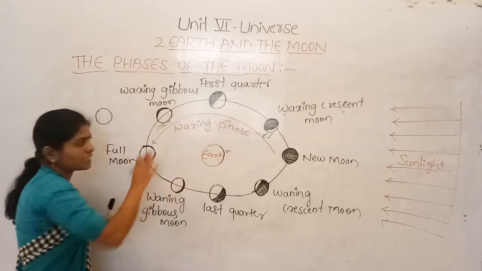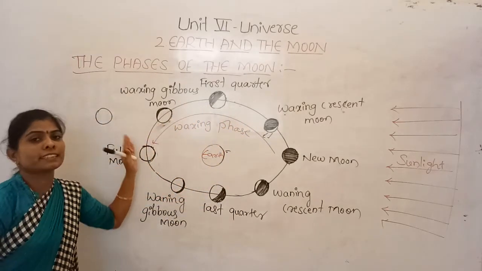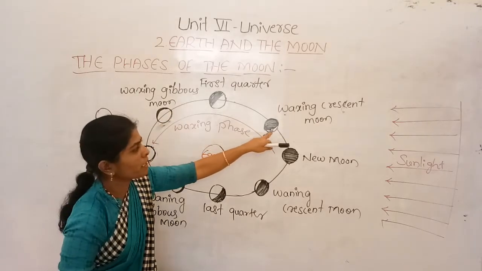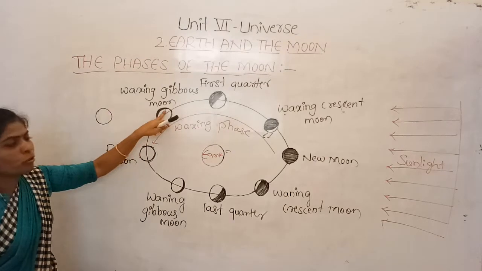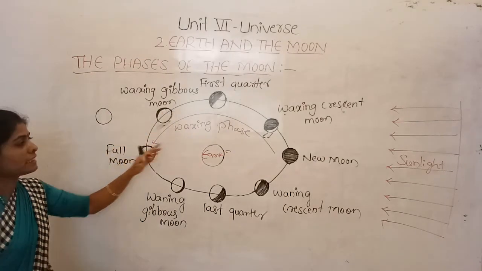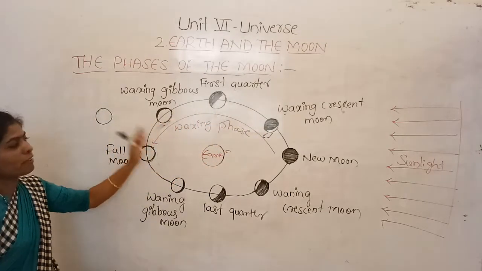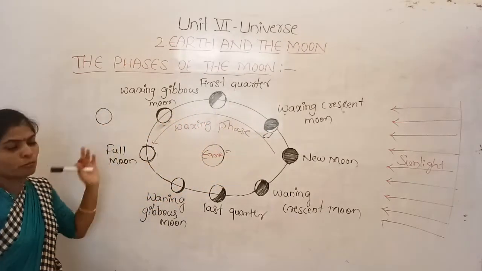In this waxing phase, the size of the moon goes on increasing. First only some part we can see, then half, then almost all of the moon, and then the full moon. This increasing shape, from new moon to full moon, we call the waxing phase.